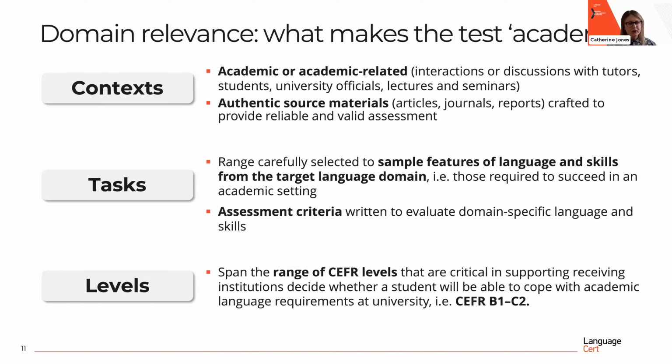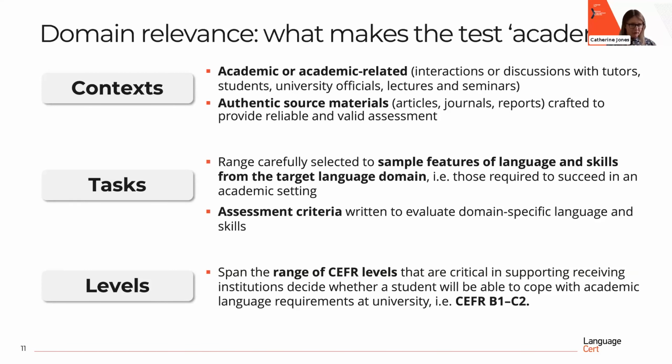We want to make sure that the task types sample the features of language and skills from the target language domain. So what are those cognitive processes that students are going to need to develop to succeed? Things like critical thinking, evaluation, being able to construct meaning, giving a presentation.